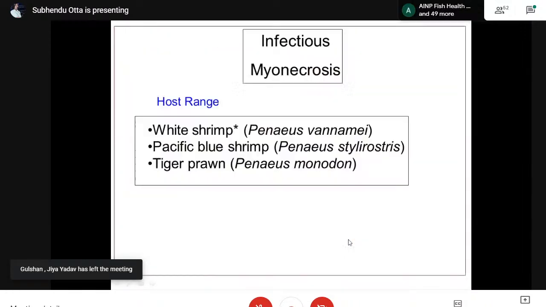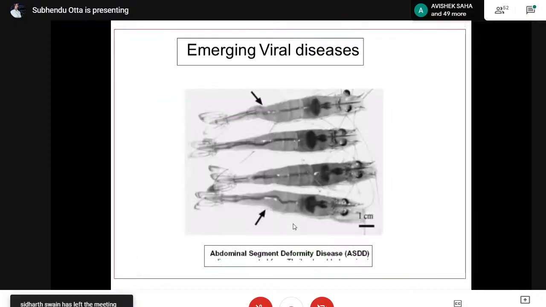Some more clinical signs. And it has limited hosts like vannamei, stylirostris, and monodon. From other species, so far it has not been reported. There are some other viruses which have just been reported, but how much economic loss they cause, what the characteristics of the virus are, is not known.